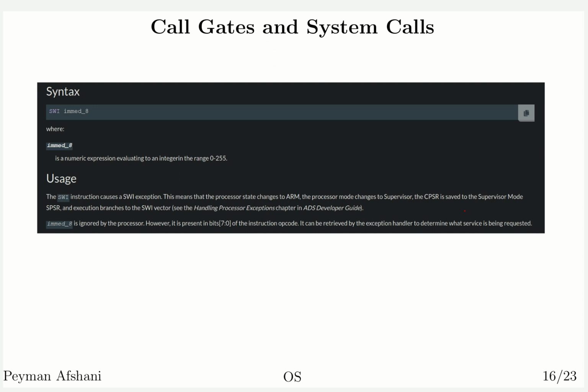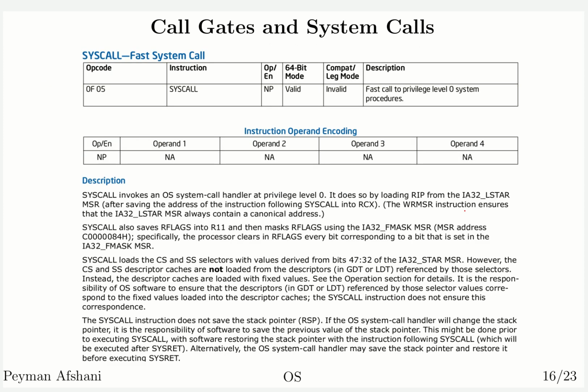In other words, once you make the jump from normal user privilege to the kernel space, your privilege has been elevated to the privilege of the operating system. The same is happening for the syscall in an Intel machine. Here, this is from Intel documents.